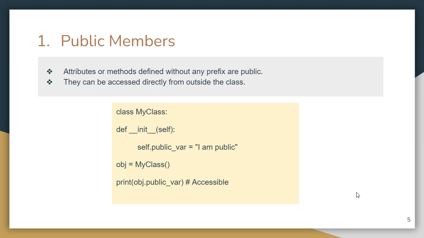Then we create an object, obj = MyClass(). Then print(obj.public_variable). In this way we can get the value, that is "I am public", written on the output screen. It is accessible everywhere, inside the class and outside the class also.